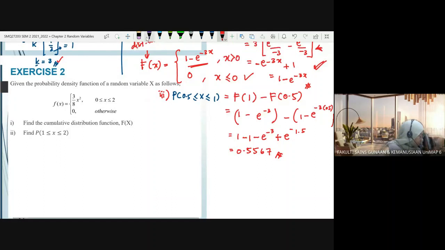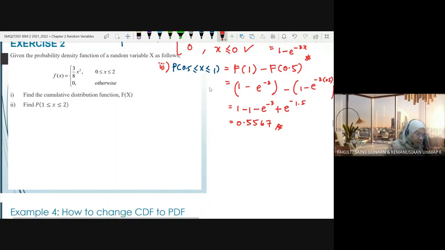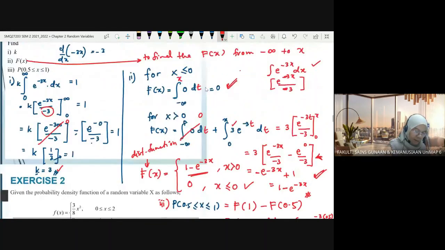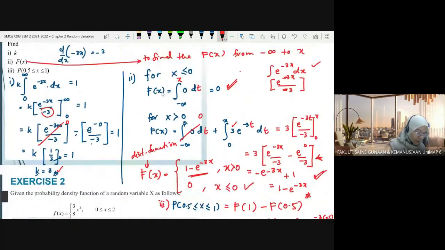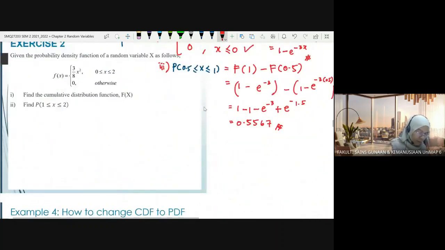So for this particular exercise number 2, you are given this probability density function. Find the cumulative distribution function Fx. This is the one that we have just done for question number 2. If you can try on your own, while I'm doing the same.